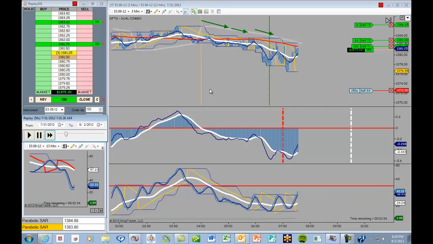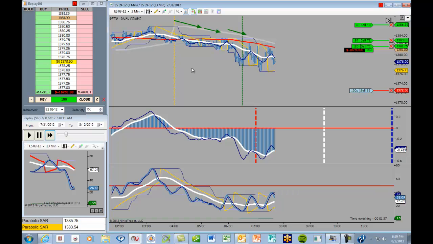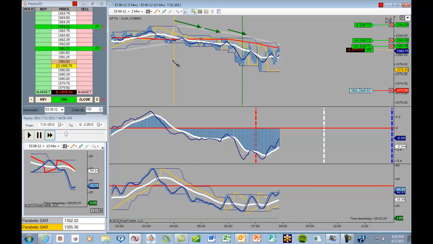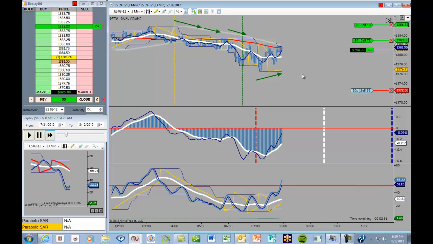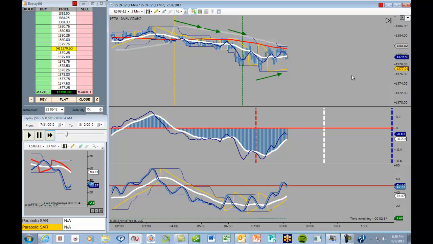Now we've got the divergence. Okay, stopped out. That was grueling.